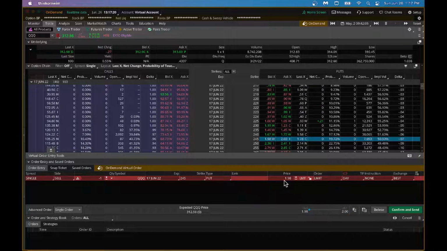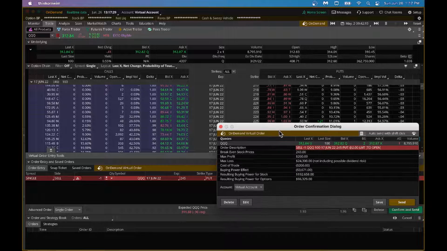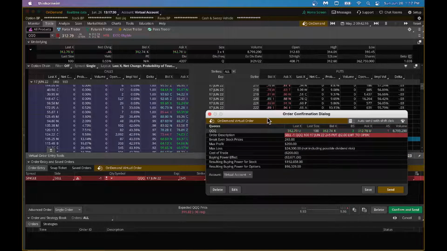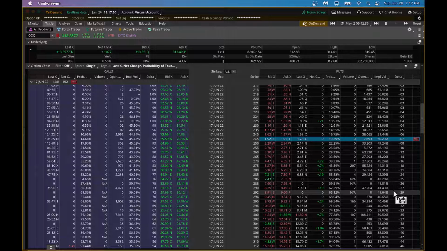I would just sell a put option here for $2 and collect $200. That's my max profit. As long as the stock stays above 243, and currently the stock price is 312, way above, that's my break-even point. I feel pretty comfortable. I would confirm and send this and go from there.